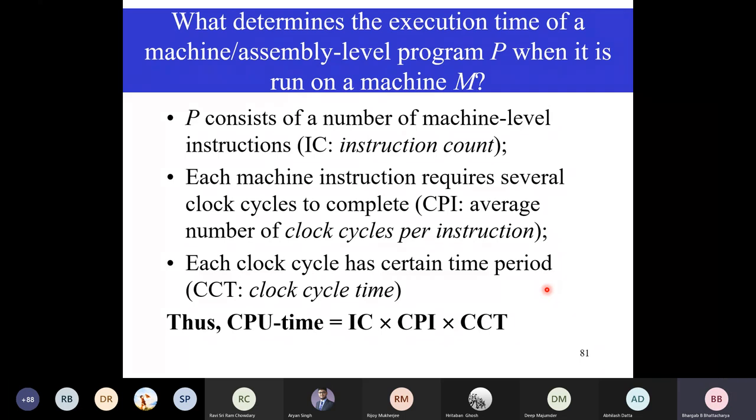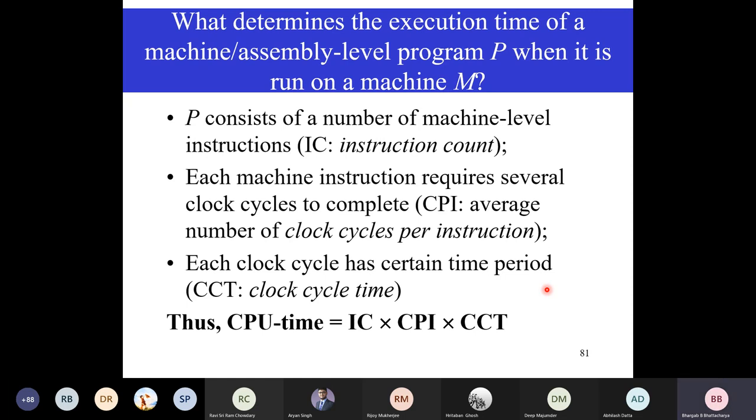Because in actual practice, depending on the nature of instructions, the number of memory accesses may differ. The memory may slow down, there may be cache misses and so on. So there are many issues. So exact computation is not possible unless you are in real time. This gives an approximate idea, the estimation of CPU time that depends on 3 parameters: the instruction count at the machine level, the average number of clock cycles per instruction, and CCT.